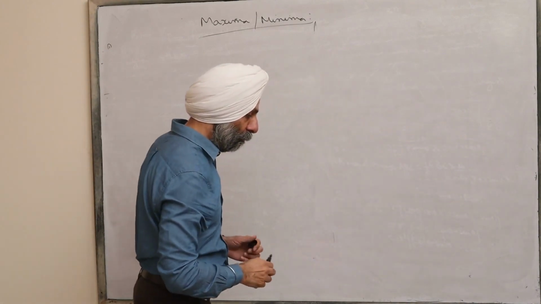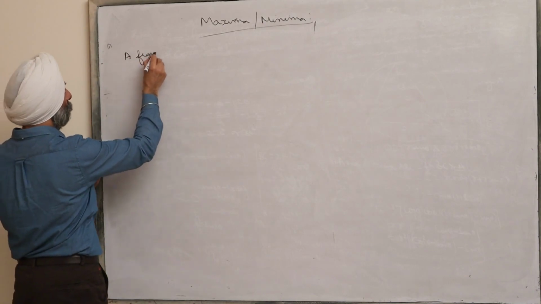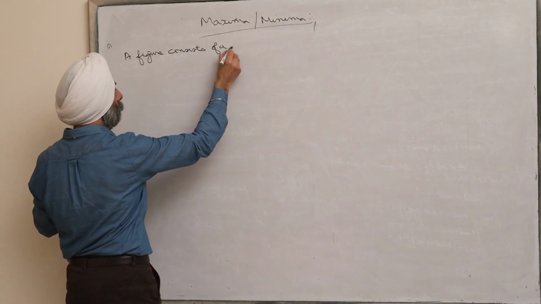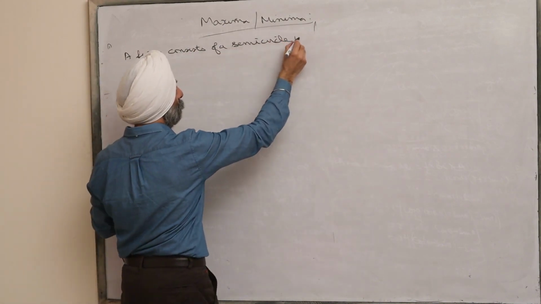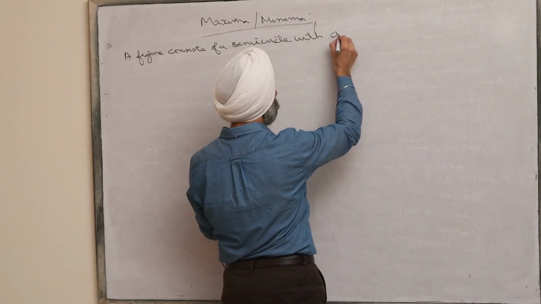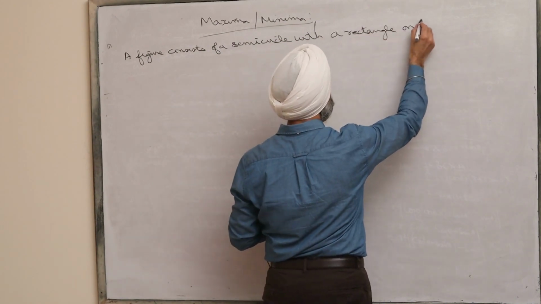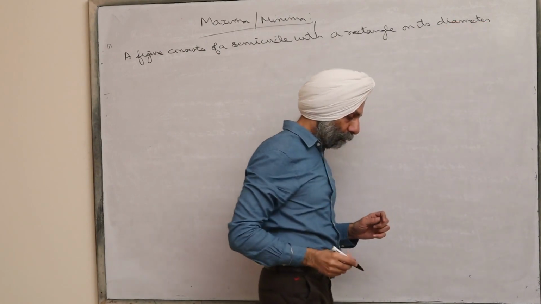Now next is, a figure consists of a semicircle with a rectangle on its diameter.